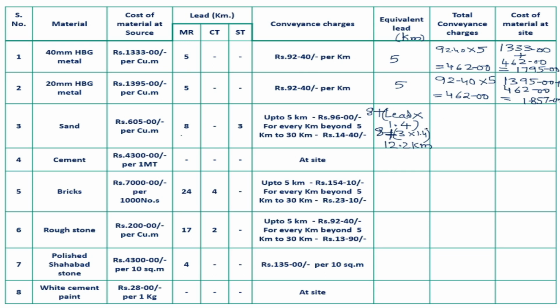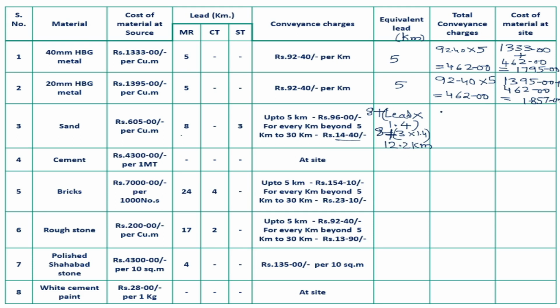Its total conveyance charge is calculated from these two columns of data. So here conveyance charge is given for different kilometers. There are different rates. Up to 5 kilometers, the conveyance charge is 96 rupees. For every kilometer beyond 5 kilometers and up to 30 kilometers, it is 14.40 paisa. Therefore, the equivalent lead is 12.2 kilometers.